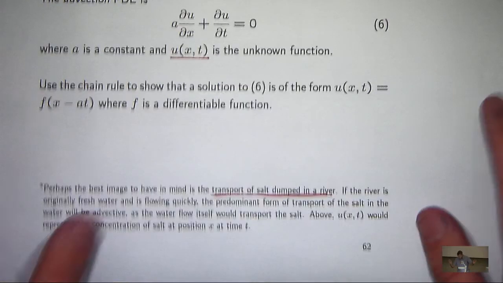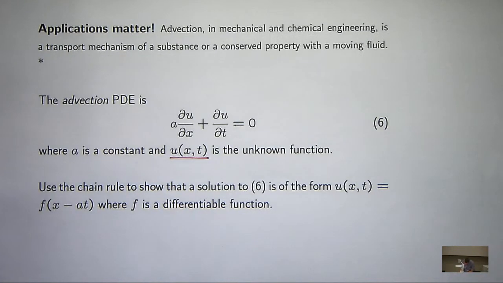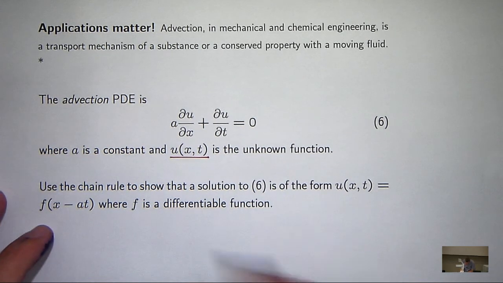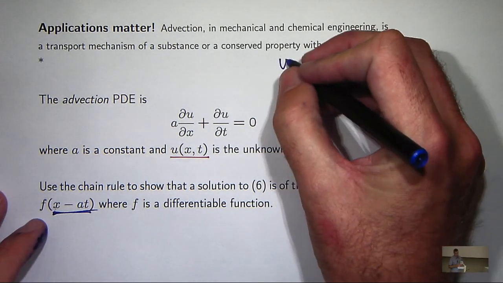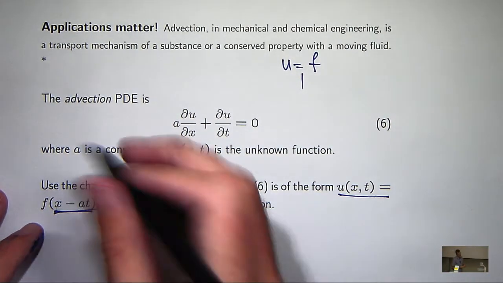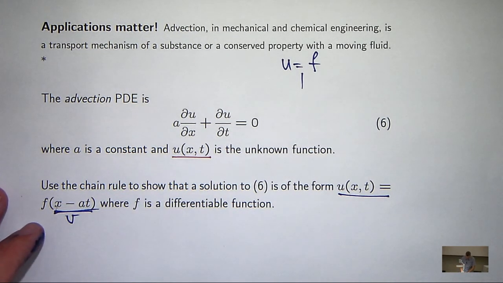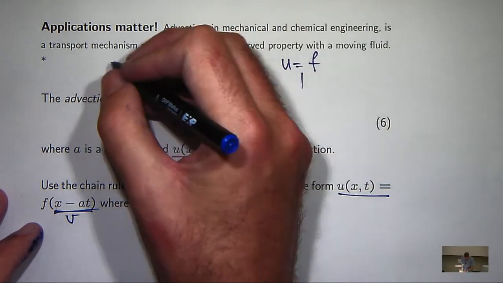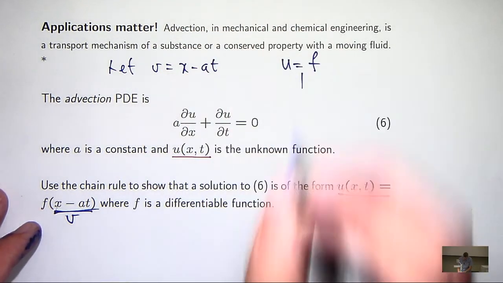Okay, so let's solve this and use our chain rule somehow. All right, so under this relationship here, f depends on, oh sorry, let's make an intermediate variable. So I'm going to say let v equal x minus at.